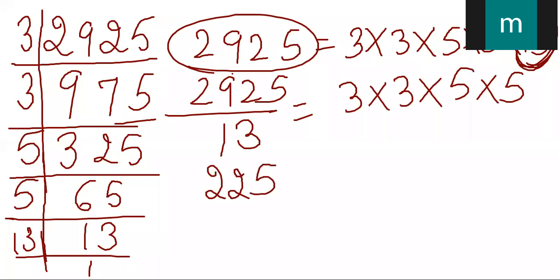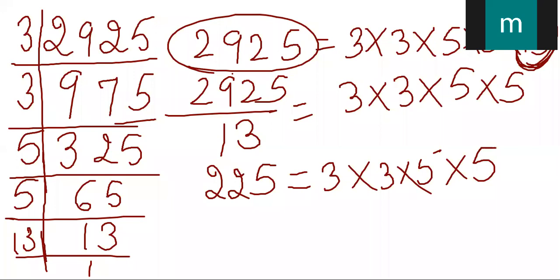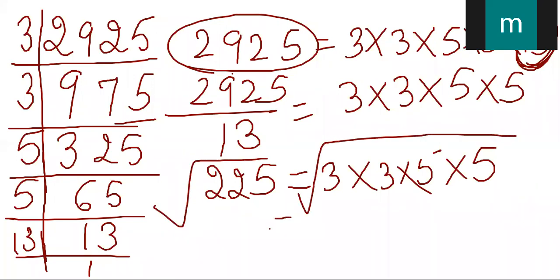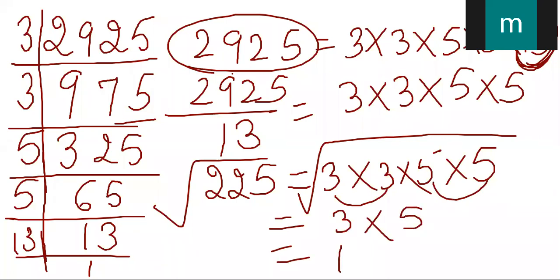When you divide it by 13, you will get 225, and it will be 3 into 3 into 5 into 5. Now we'll find the square root. So 3 into 5 is equal to 15, and this is the answer here.